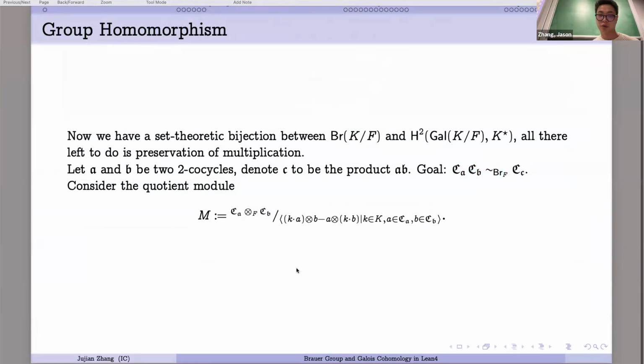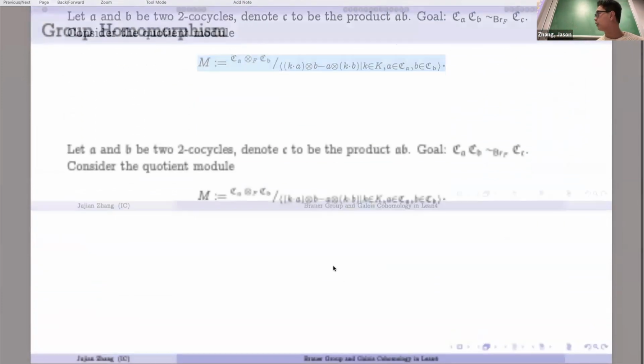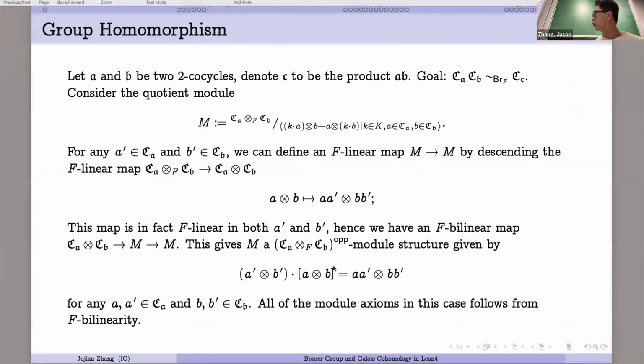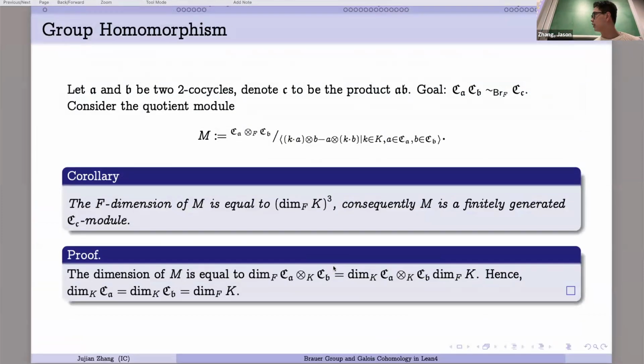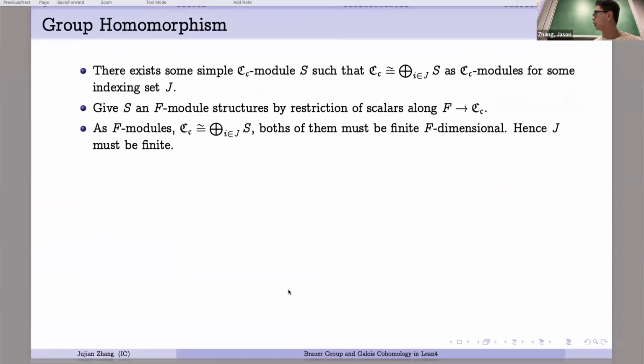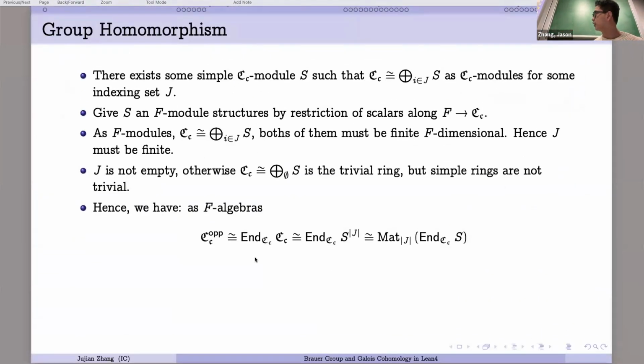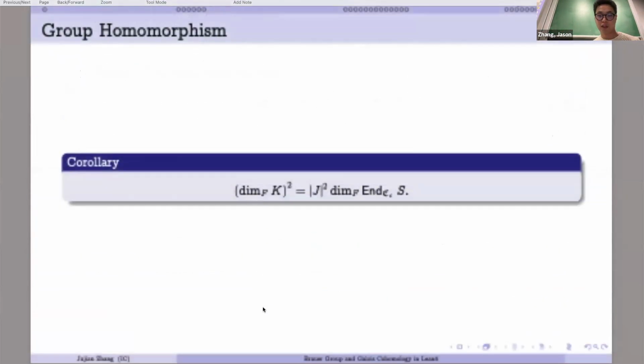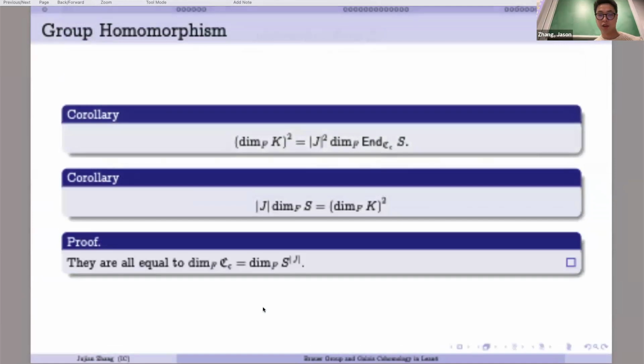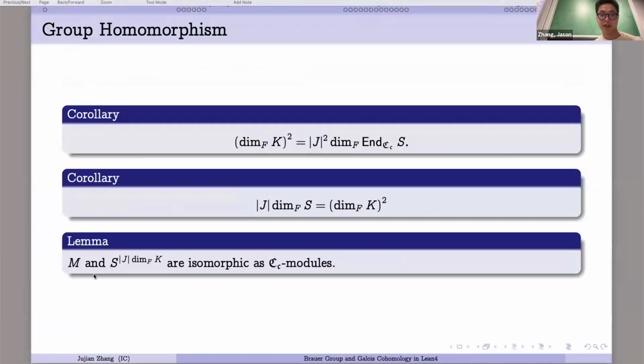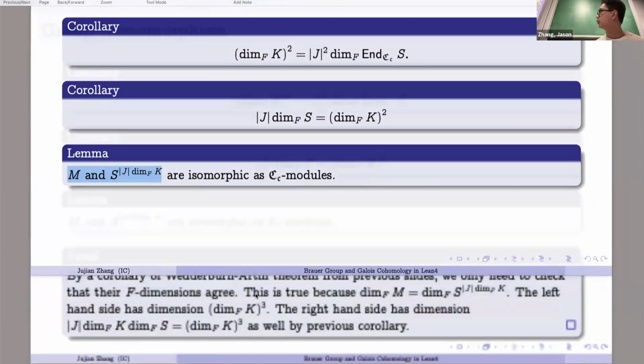So the idea of the proof is you need to define a weird quotient and in the end prove that this weird quotient actually corresponds to a matrix algebra, and after a lot of calculating dimensions, you will see that M is the same as some copies of a simple module.